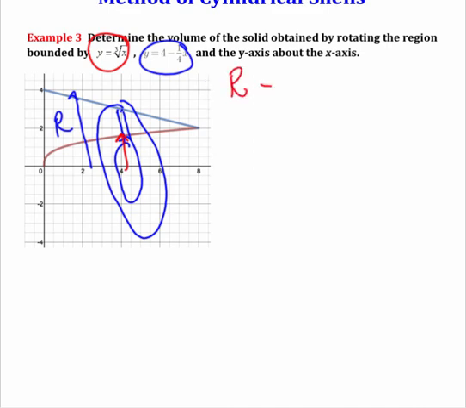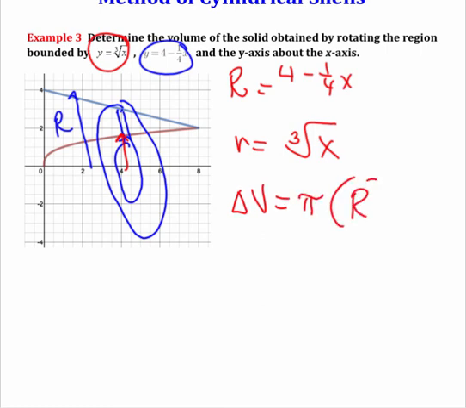So before we start, let's do this. We're going to define the outer radius as the y coordinate, which is going to be 4 minus 1/4 x, and my inner radius is going to be cube root of x. Okay, so the volume of one single washer is going to be pi times outer radius squared minus inner radius squared times dx, because we're slicing it this way.